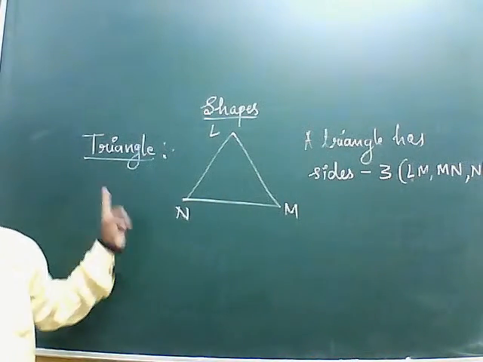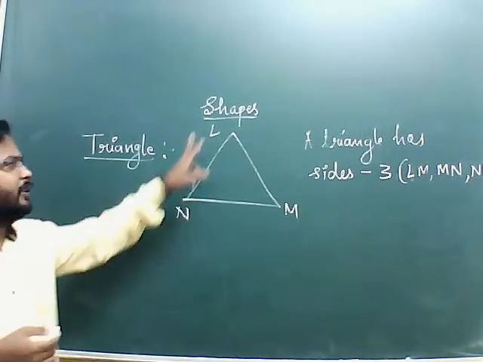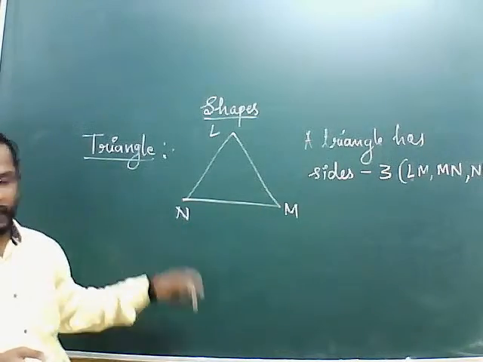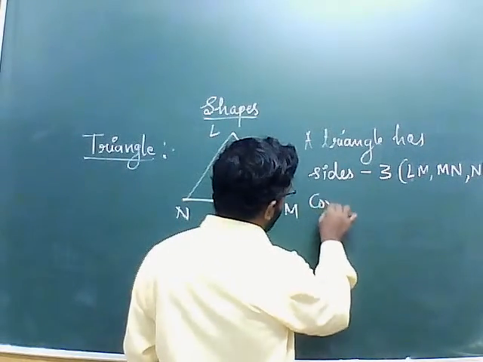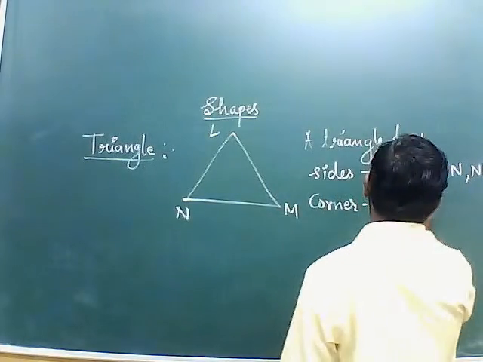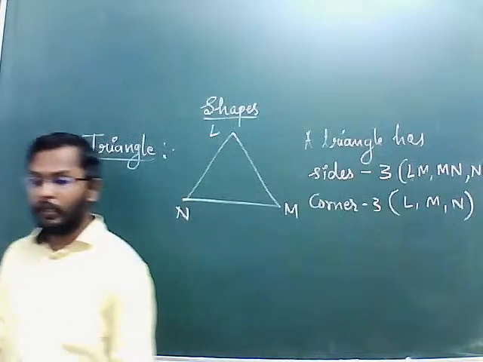So it has three sides. Next, how many corners does it have? It has three corners. One, two, three. So what are the corners here? L, M, N. These are the corners.